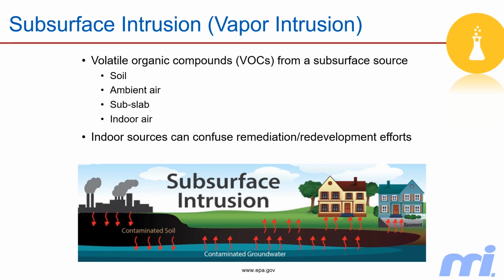A lot of times there are indoor sources that we don't think about that can confuse our remediation or redevelopment efforts. So it's really important for us to get a good understanding of what's coming from this subsurface intrusion, which part it's coming from, and then what other products we use internally or as humans are affecting what we're seeing in our vapor intrusion.